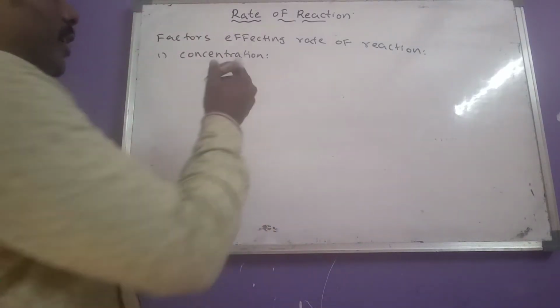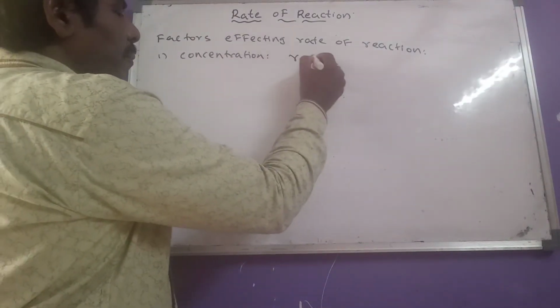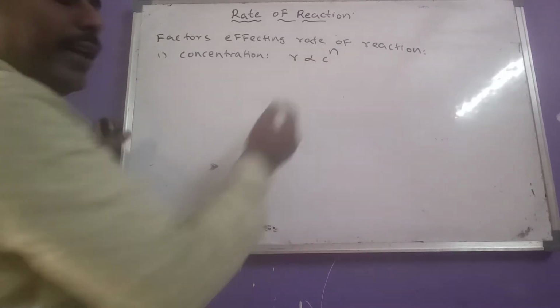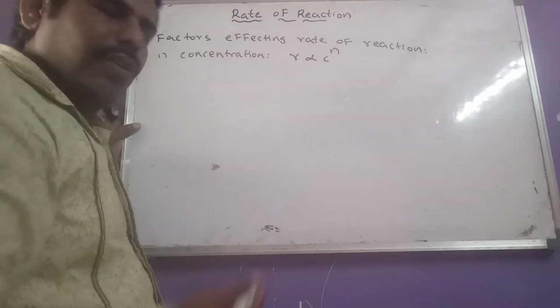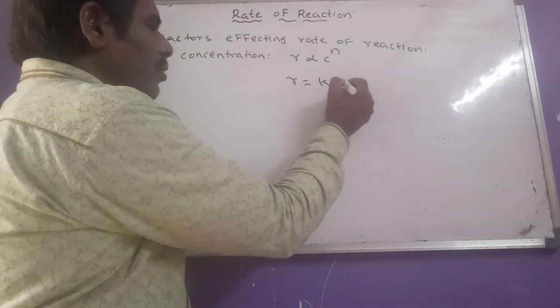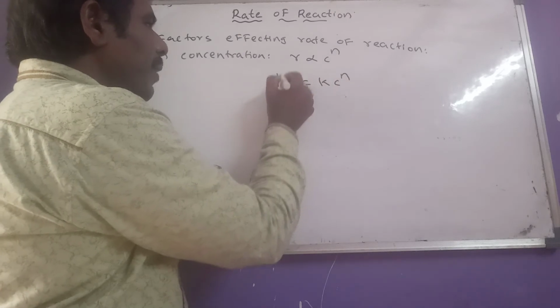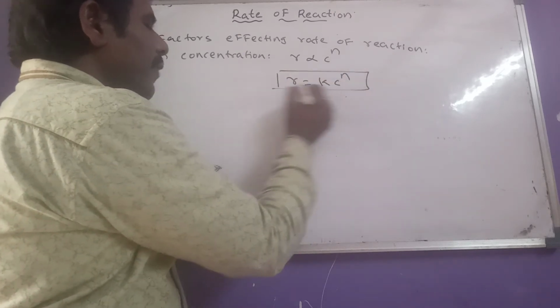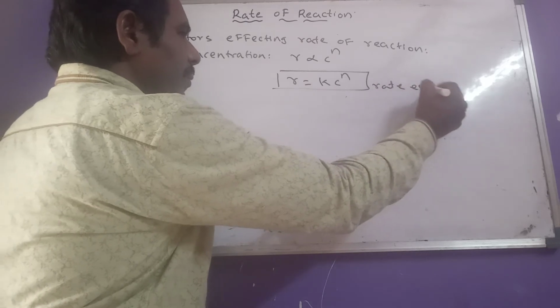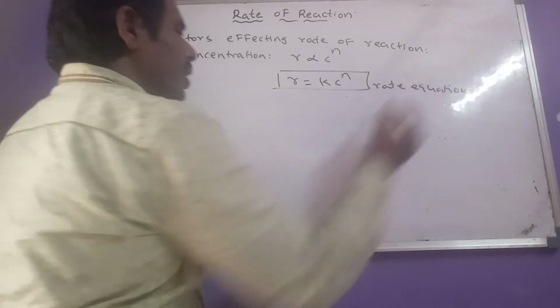So now we can write, R proportional to C to the power n. n means the stoichiometric coefficient of the reactants. Therefore, R equals k C to the power n. This equation is known as the rate equation or rate expression.